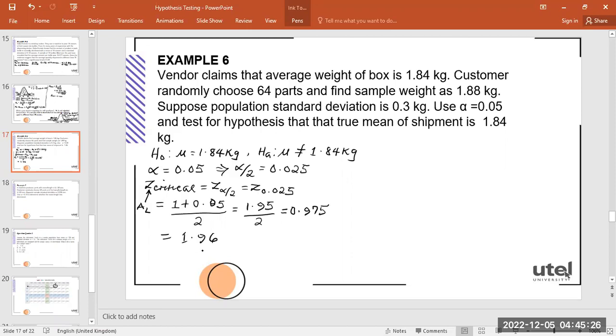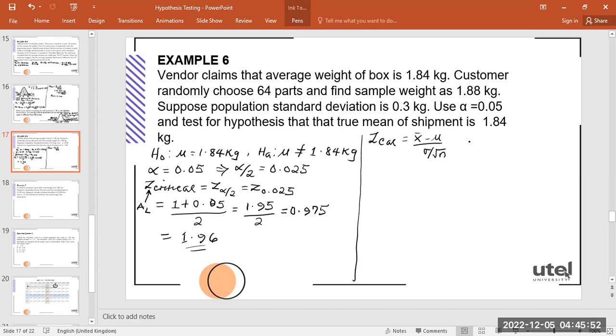Now, the next thing we need to do is find our Z calculated. So our Z calculated from the Z score formula is going to be, as usual, X bar minus mu all over sigma divided by root n.